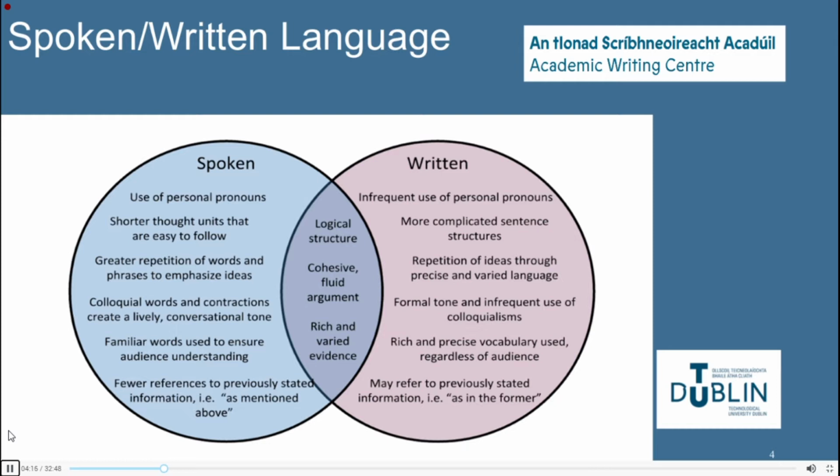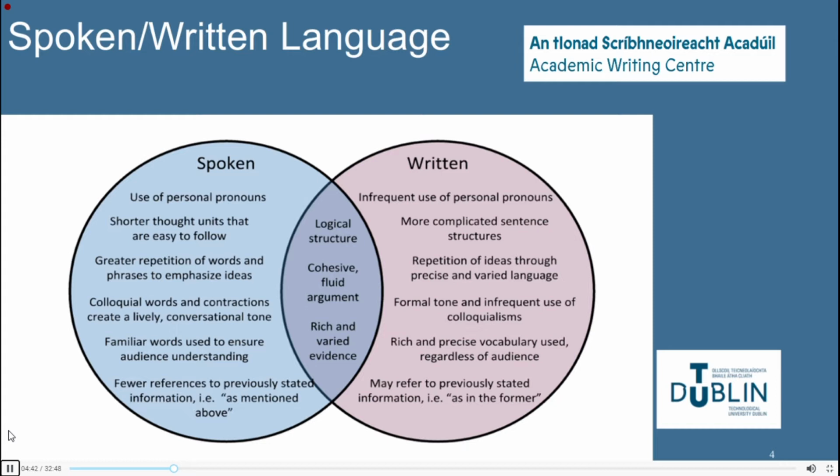It uses a number of transitions or link words or phrases, such as "mentioned above," to keep everybody's attention and to provide a coherent approach. The sentences used are shorter, and less complex syntax is used.